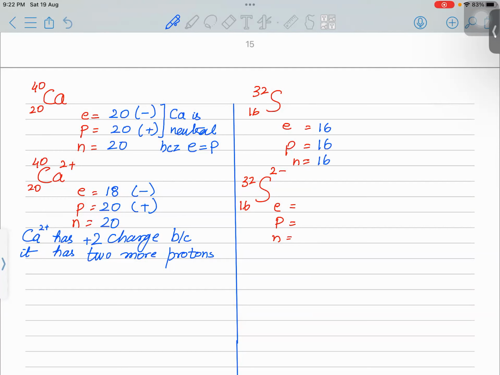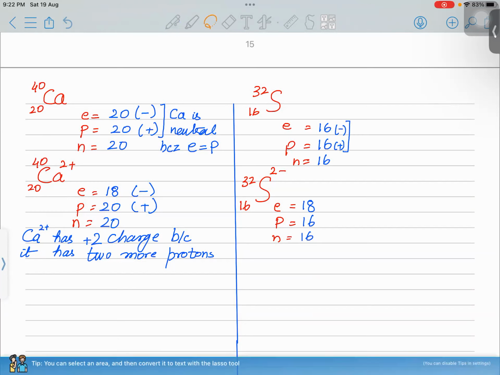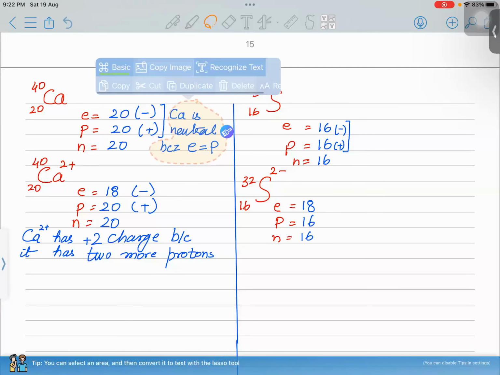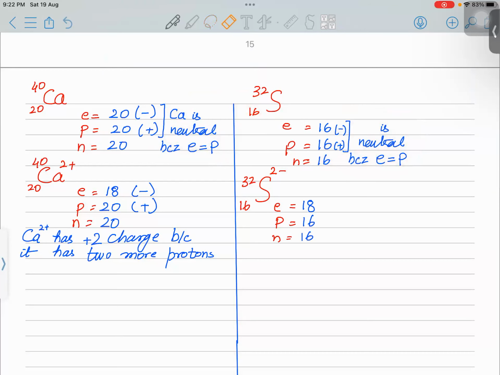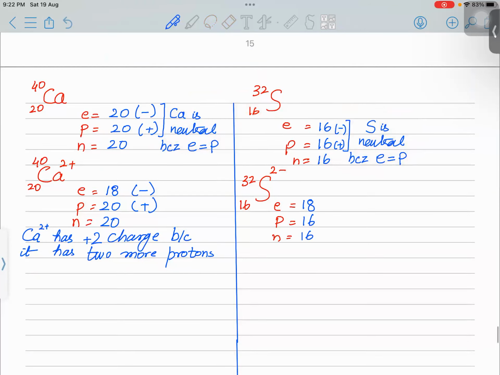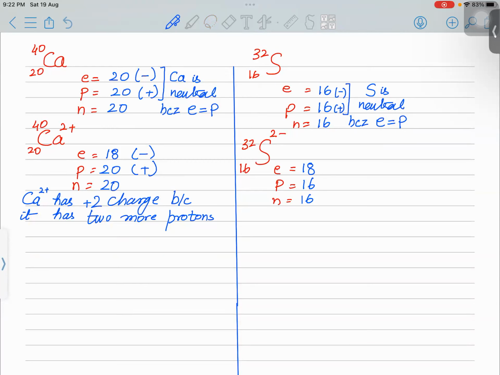So neutron is 16. So this is neutral, right? Sulfur is neutral. Why is sulfur neutral? Because electron is equal to proton. Here we have minus, here we have positive, here we have no charge.